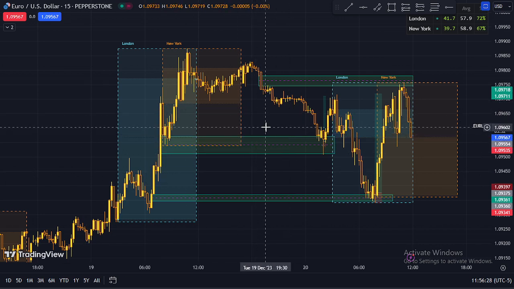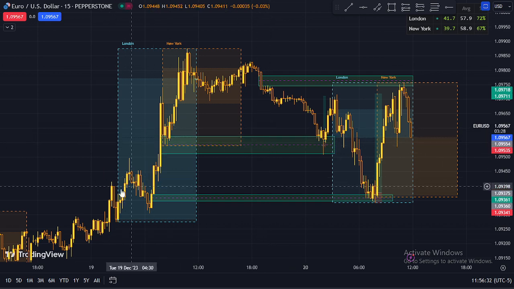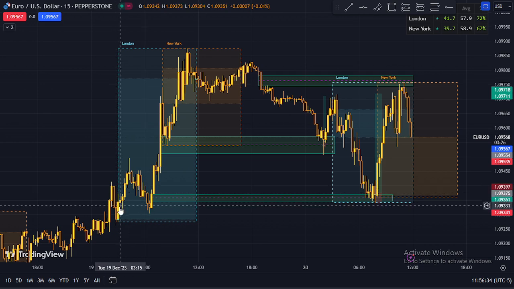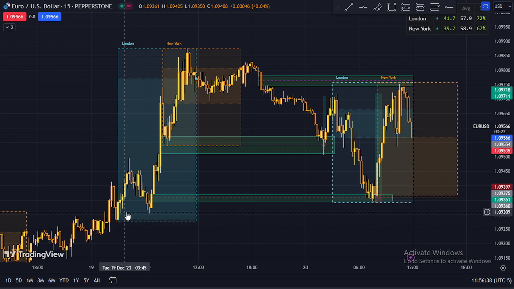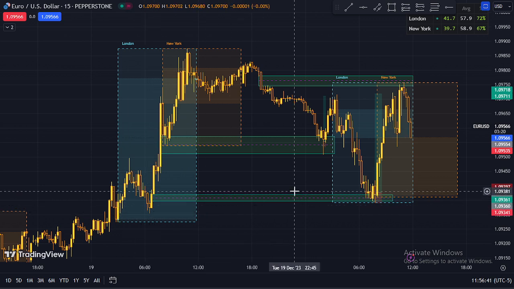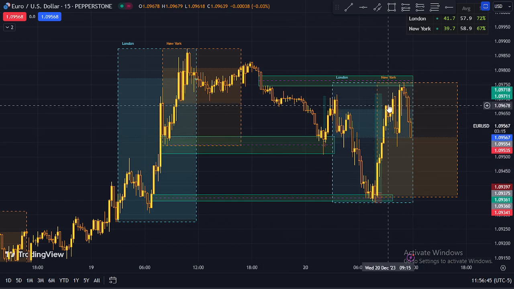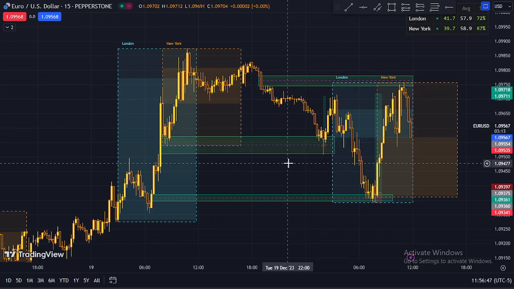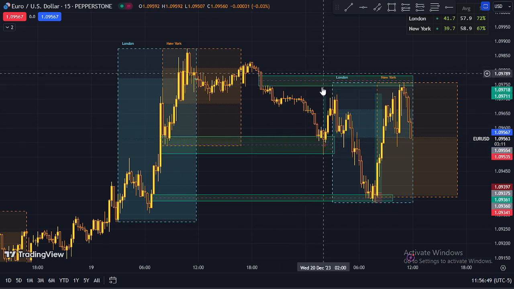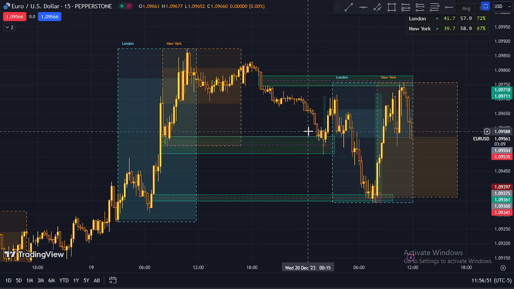The only way you can learn this is by testing through old data, looking at old price action, and seeing how price reacted to certain levels, so that you can register that into your mind. Then when you see that live as price is playing out, it will be easy for you to tell what price will do next.